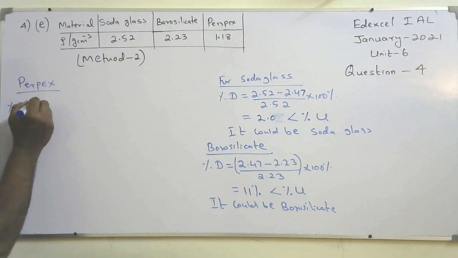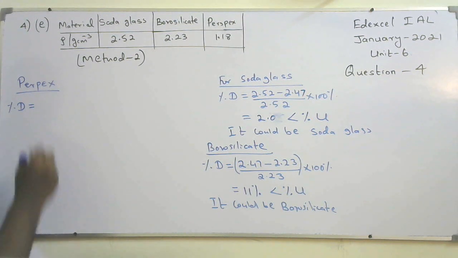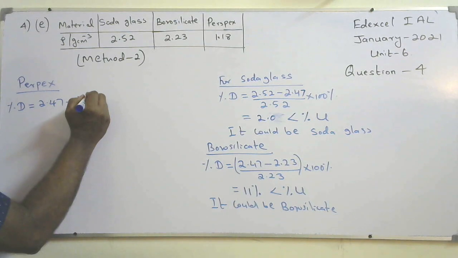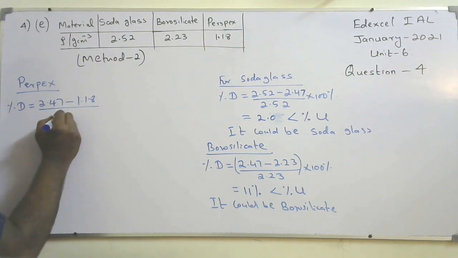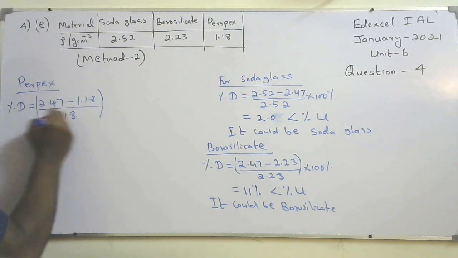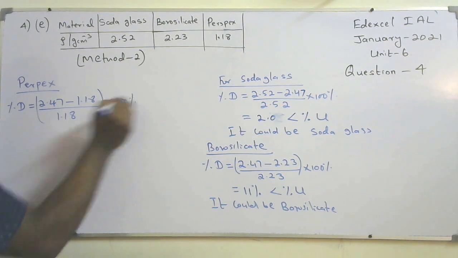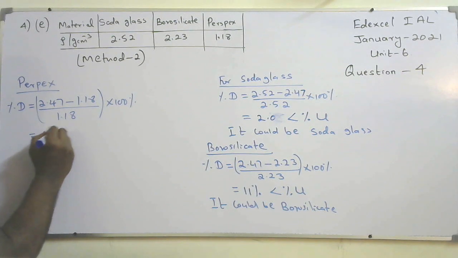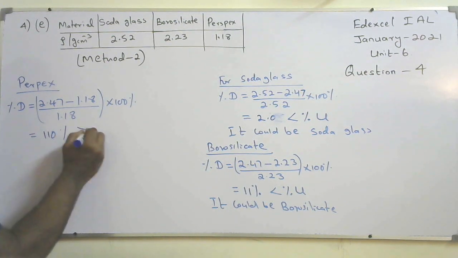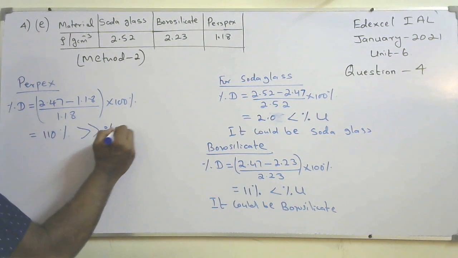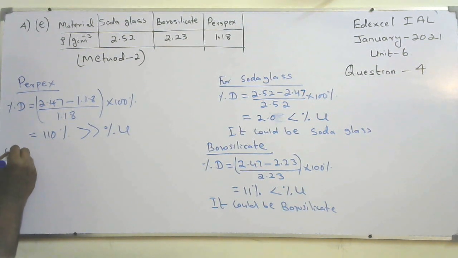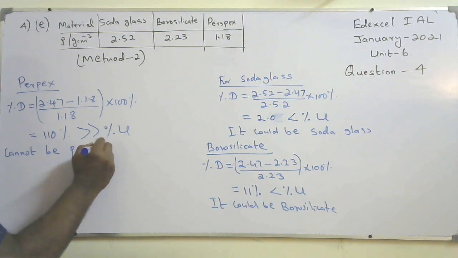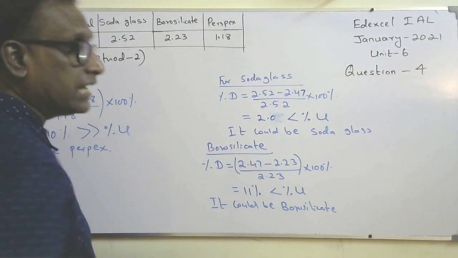Percentage difference will be the difference over 2.47, the laboratory value we got, minus 1.18 over the actual value we take, 1.18, times 100%. That will be a big value, 109%, or we can say 110% to 2 SF, which is greater than the percentage uncertainty. So it cannot be perspex.